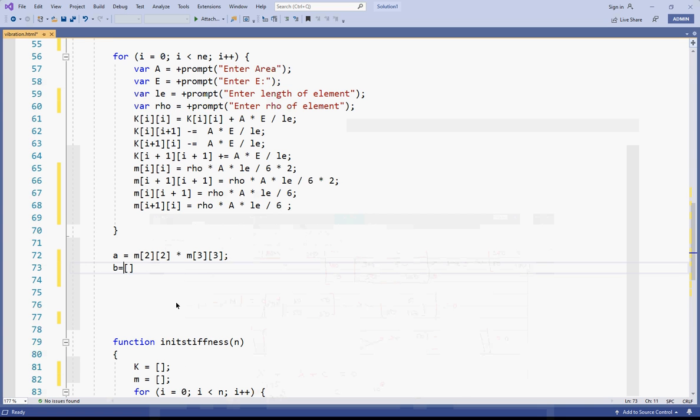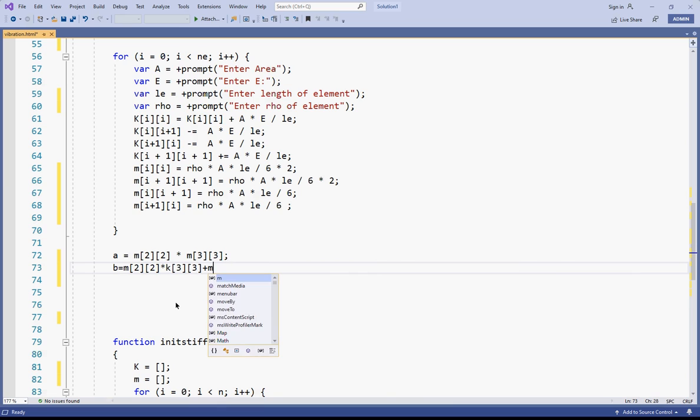So it is diagonal. So M22 into K33, plus M33 into K22. So this is how I got the value of B.